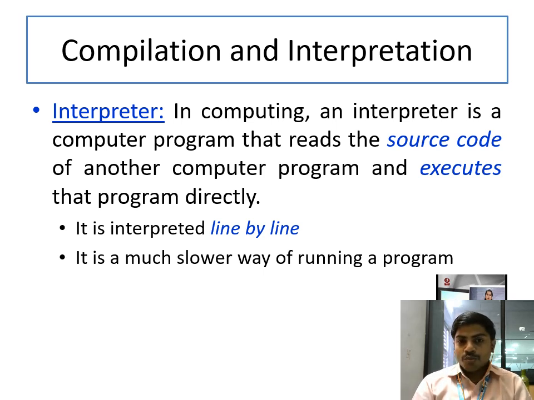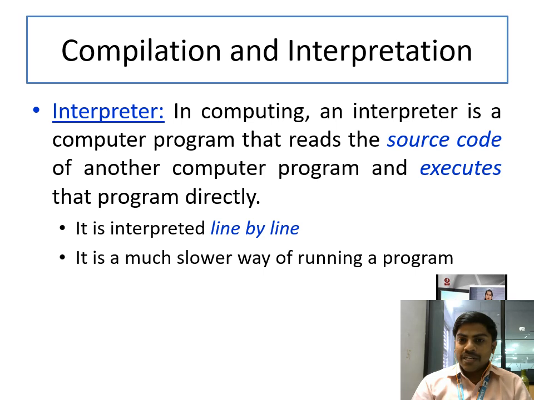Let us look into the 2 points highlighted here. It is interpreted line by line, but it is the slower way of running the program when compared to the compiler. That is why I correlated both of the example pictures in the respective slides, where the interpretation matches with the news reading and the traditional compilation matches with the translating person translating each other's country's language.